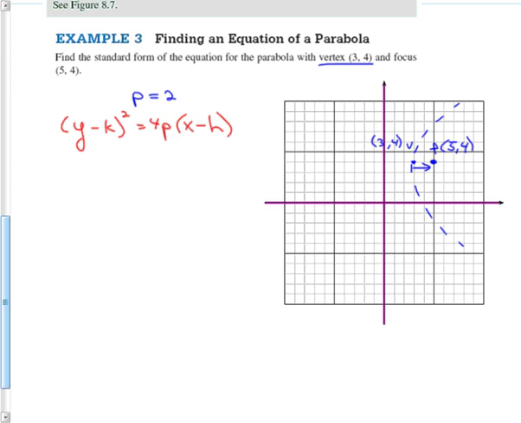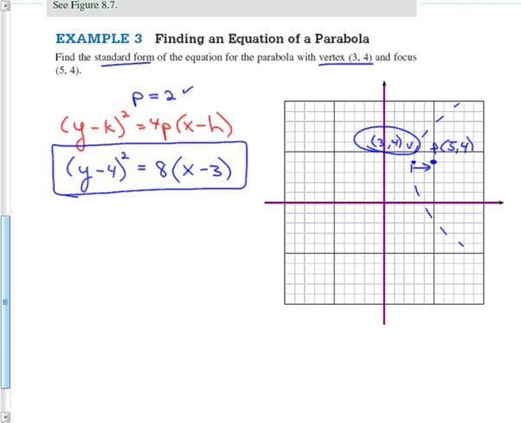I know the vertex right over here. So I am going to say (y minus 4), the y value, quantity squared, equals 4 times p. Well, p is 2. 4 times 2 is 8. 8 times (x minus 3), the x value for the vertex. Standard form of the equation. There it is.